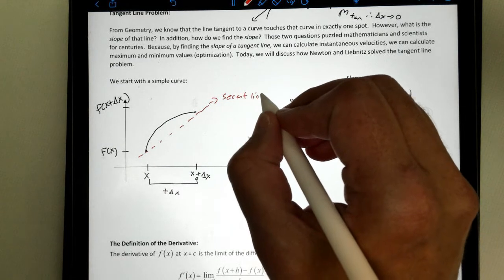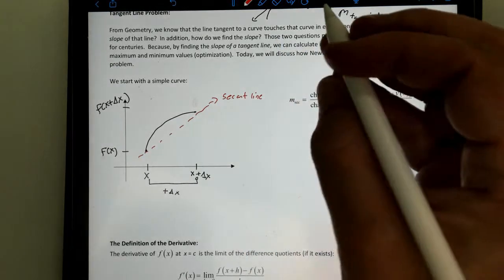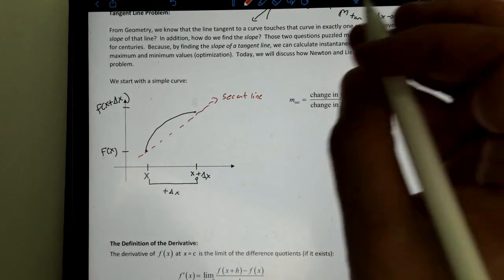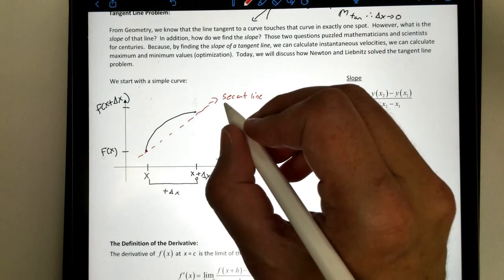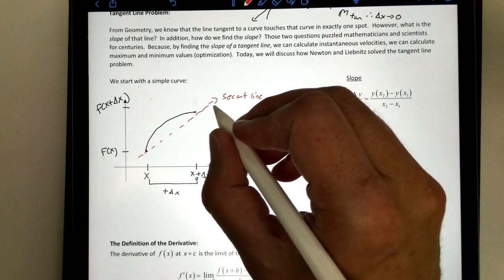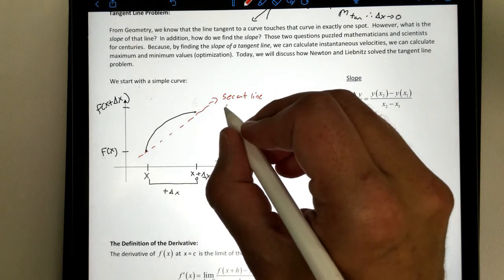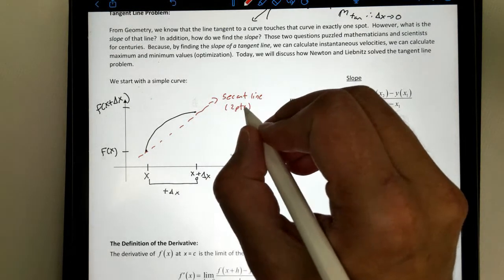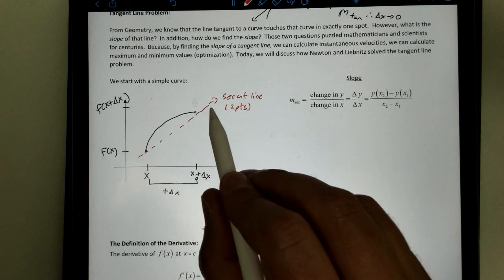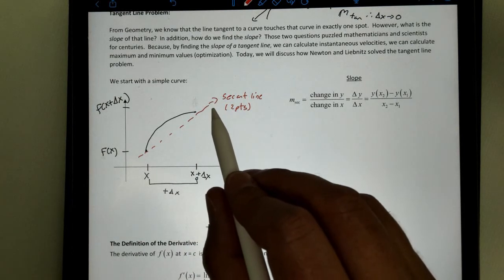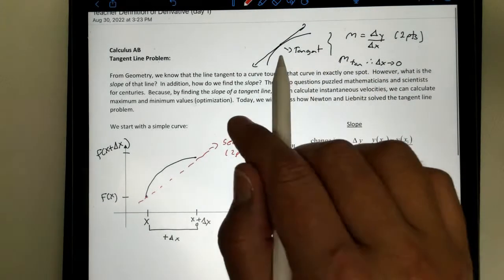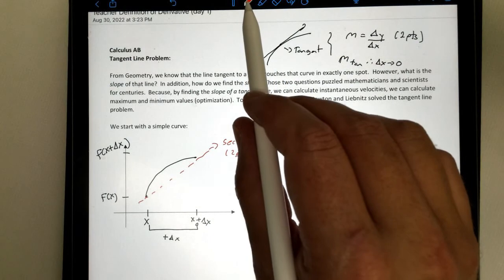This is a secant line, not a secant. That's like, oh, who lives in a pineapple under the sea? That's a secant. A secant line is any line that touches a graph in 2 points. What we're going to do is use what we know about the secant line to get the slope at exactly 1 point, or a tangent line.